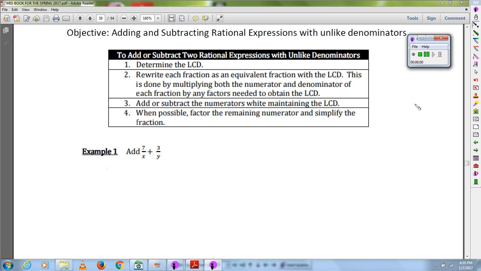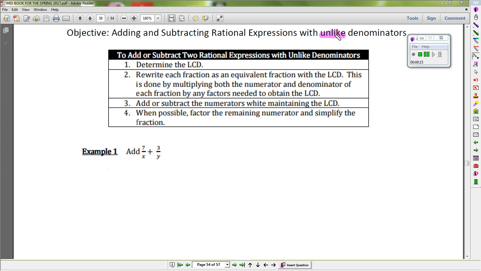The objective for this video is adding and subtracting rational expressions with unlike denominators. So these are the steps. The first thing we have to do is determine the least common denominator.